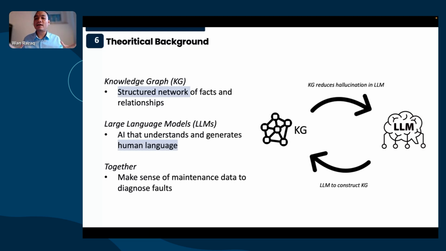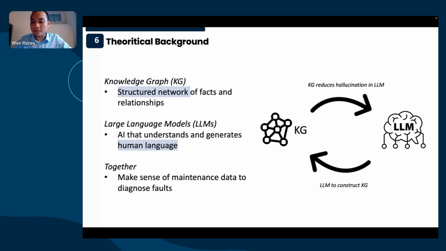So these two have an interrelation between each other. When an LLM is augmented with a knowledge graph, it reduces hallucination in the LLM. But on the other hand, LLMs can also be coupled to the knowledge graph for tasks related to the knowledge graph.